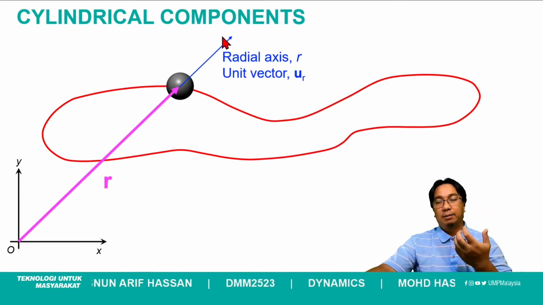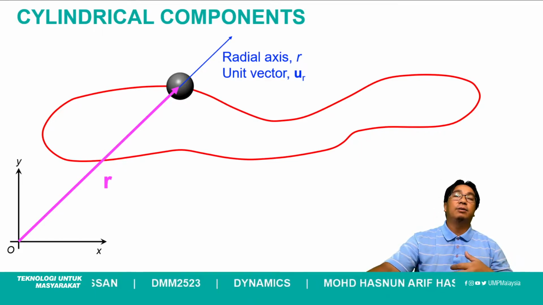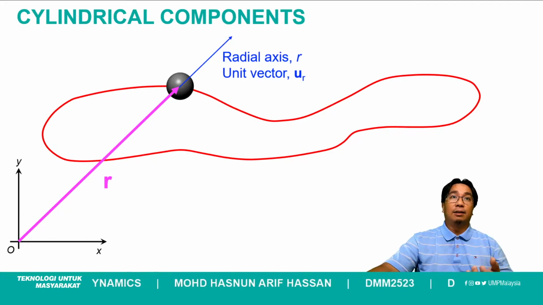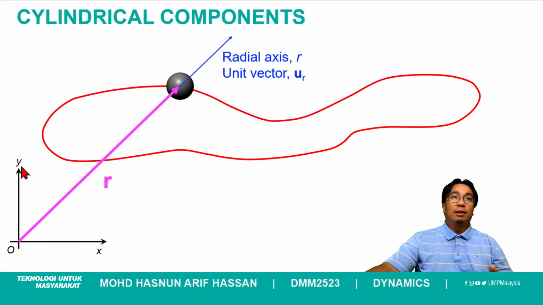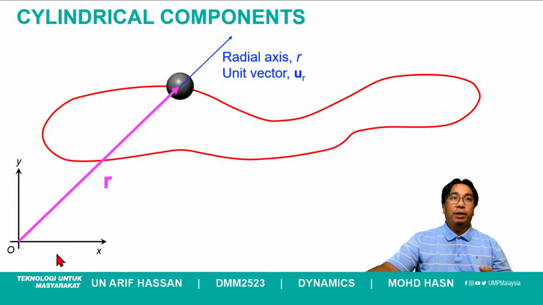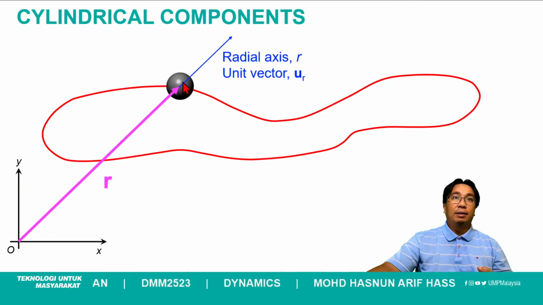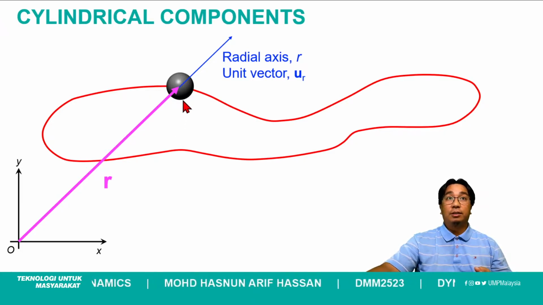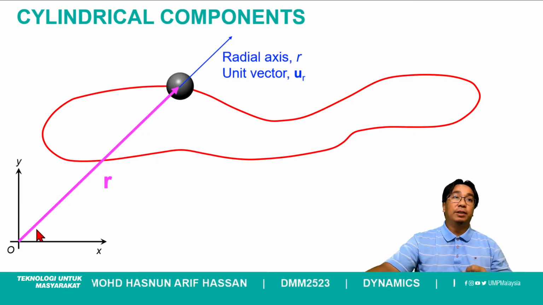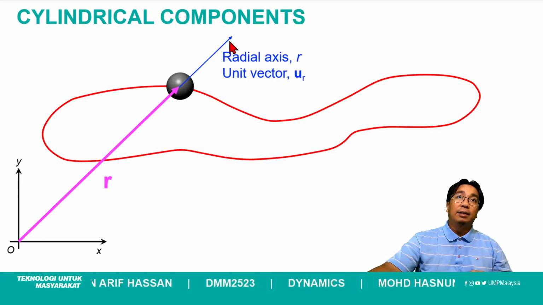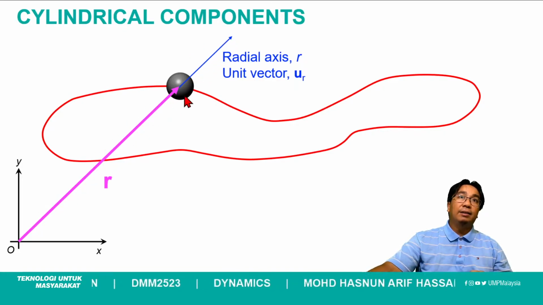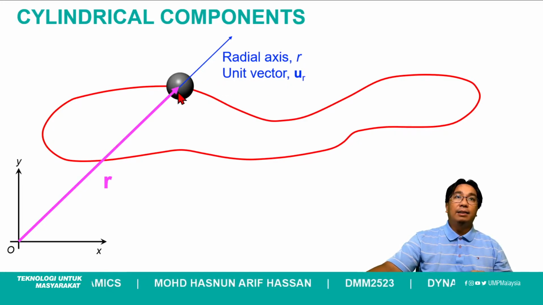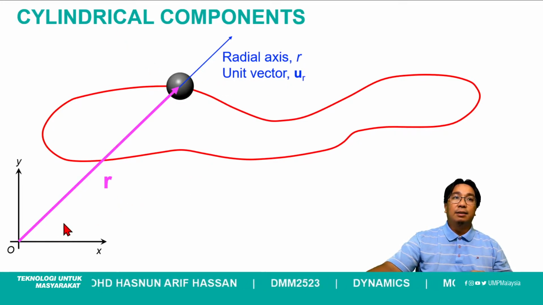Ini saya sedang menunjukkan macam mana untuk define the cylindrical coordinate. Okay, so cylindrical coordinate ni basically daripada xy coordinate sebelum ni, kita define, or we take the position of the particle, of the object from origin O, and then the same line we use to define the radial axis, and then 90 degrees to the radial axis.